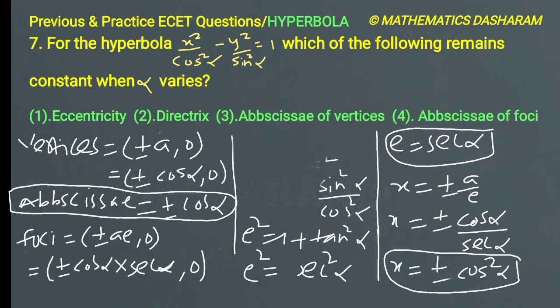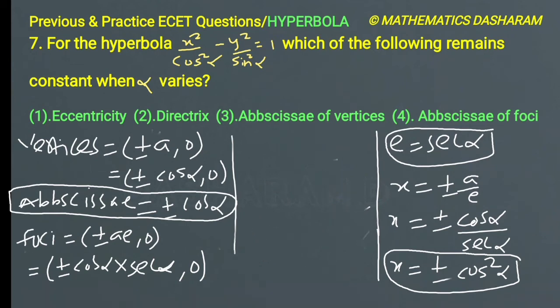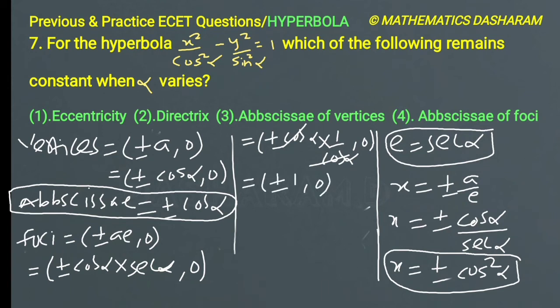So then it equals plus or minus cos alpha into sec alpha, means 1 by cos alpha. So here cos alpha cancels. So plus or minus 1 comma 0. Here the abscissa is what? Plus or minus 1.